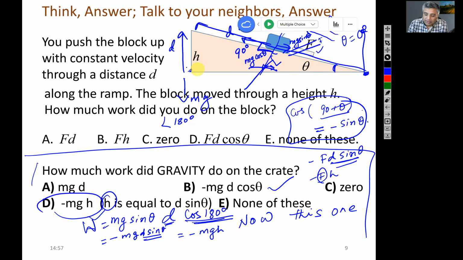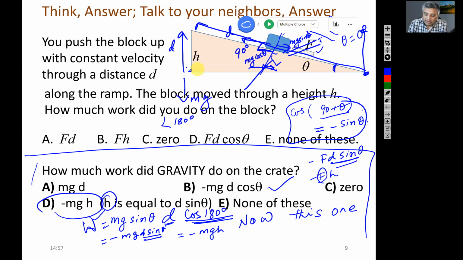So that means the angle between them is 180 degrees. So work done is mg times d times cosine 180 degrees, which being -1, you get negative mgd. That's yet another way to do it.